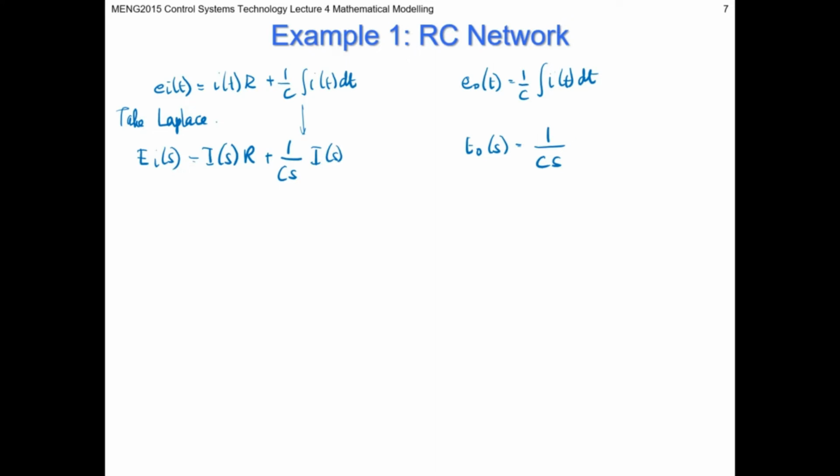If you have a differential term like dx by dt, and you take the Laplace transform of that, it gives you sX(s). If you have the Laplace transform of an integral term, that gives you 1 upon s times X(s). So that's what we've applied here.